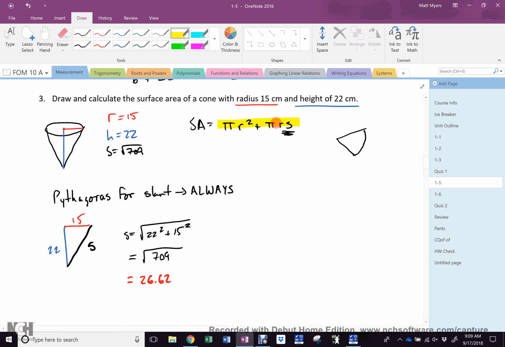Do I have an S? Yep. And we already know what pi is, don't we? What's pi? No. 3.14 is what you've been told to use for pi. What is pi really? An infinite amount of decimal places, yes? Goes on forever.